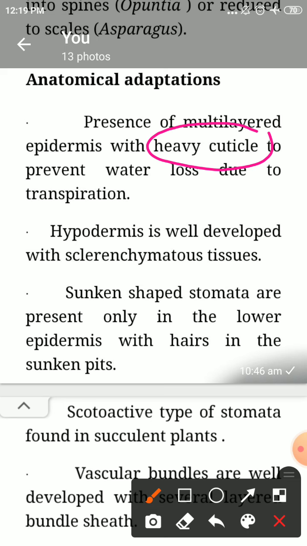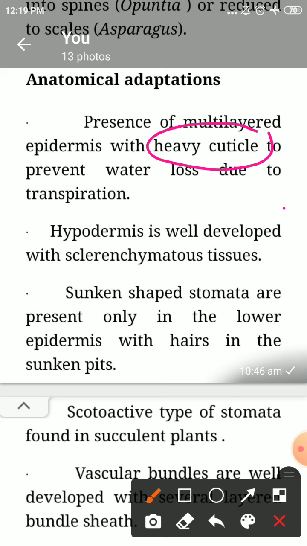The presence of a heavy cuticle is an anatomical adaptation in the xerophyte. Such a cuticle is totally absent in hydrophytes. So this is the anatomical adaptation: multi-layered epidermis and a heavy cuticle.